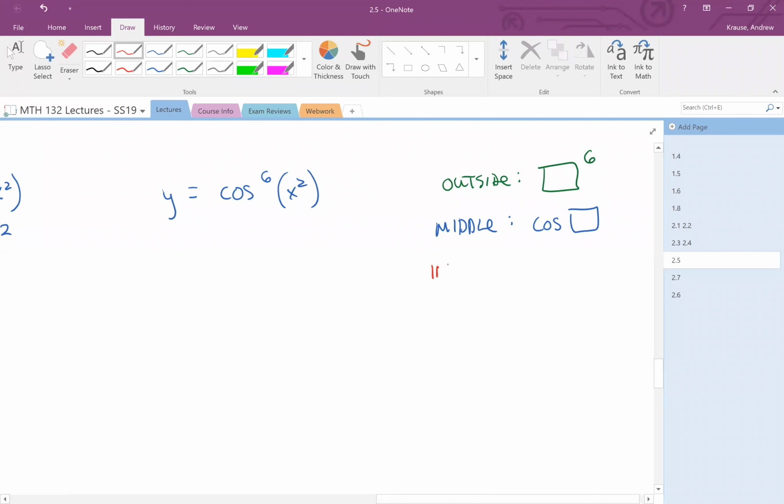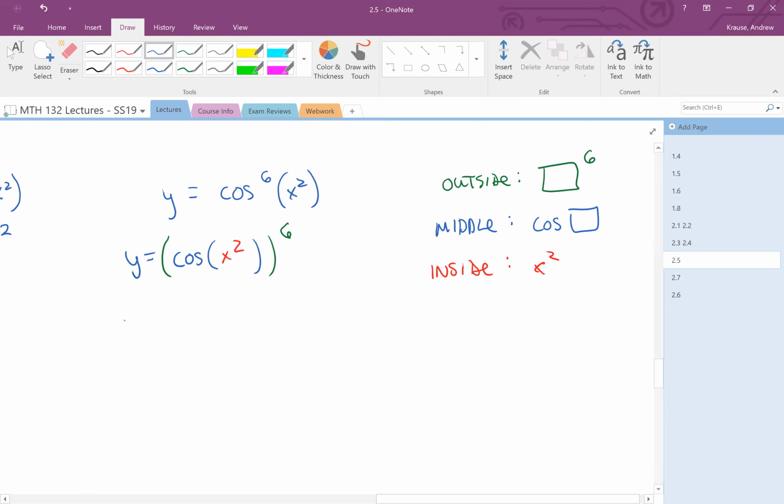And then our inside function is that x squared. That's all the way on the inside. So I could rewrite this to make that a little bit more obvious. I can do, we have our thing to the 6th power, and then we have cosine one step inside of that, and we have x squared one step inside of that.